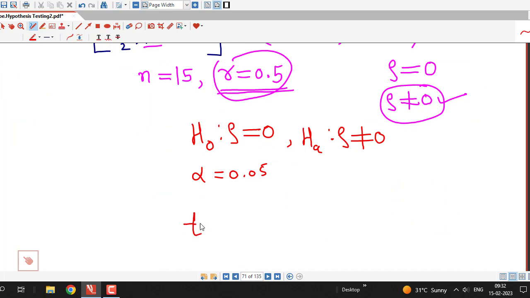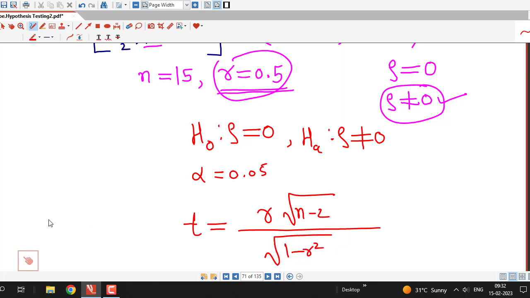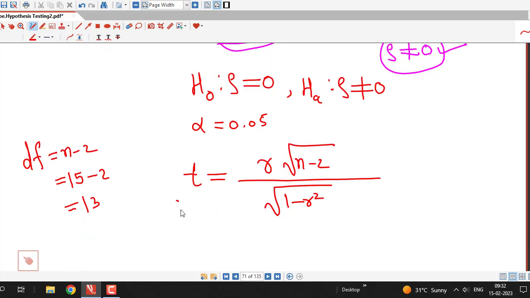Using that formula, we have to calculate the value of the test statistic. Degrees of freedom are n minus 2, and the sample size is 15, so we have 13 degrees of freedom.